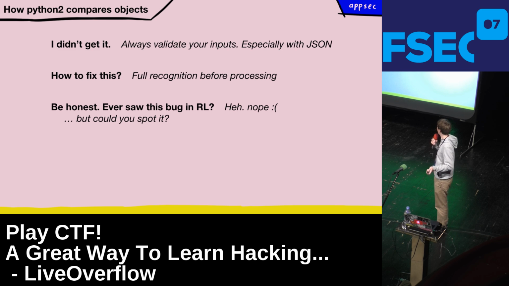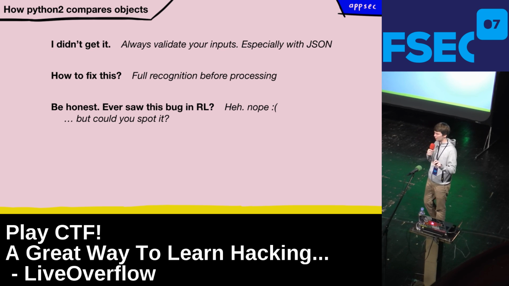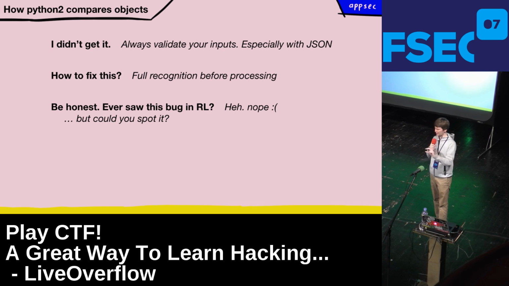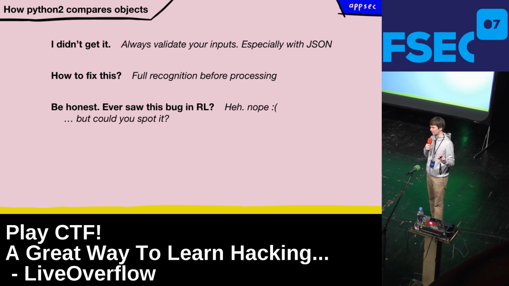But anyway, if you didn't get it, it's just a general example of validate your inputs. If you expect a number, make sure that it is a number. And I especially highlight this because of the JSON format. Because in the basic web POST request that we are used to with URL encoding, we kind of expect everything to be a string, and we kind of do this automatically. But with JSON, you suddenly have different types.